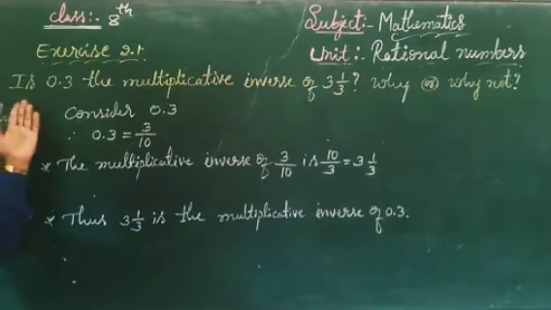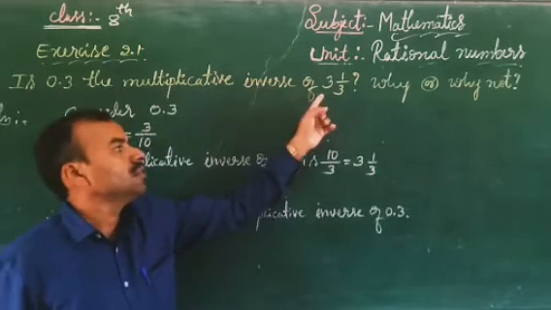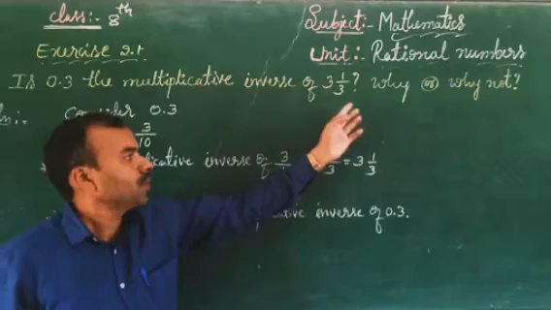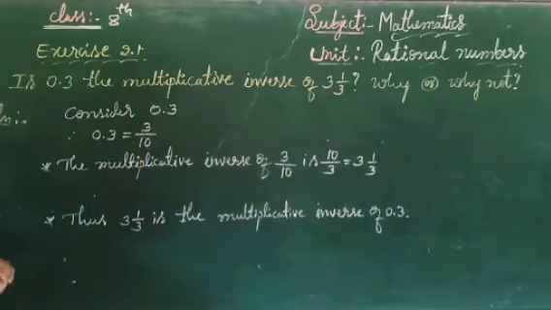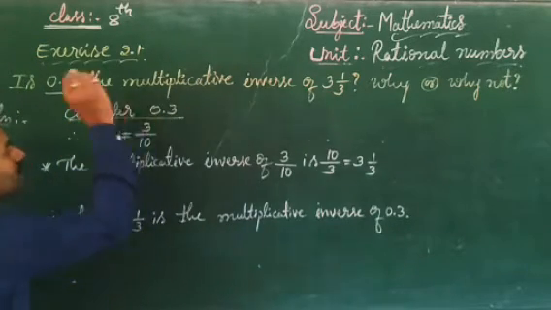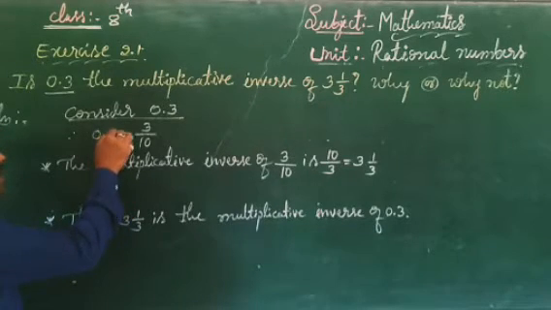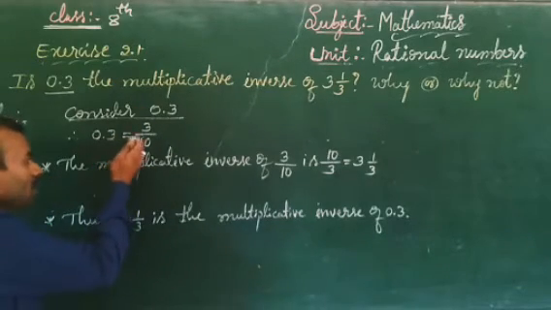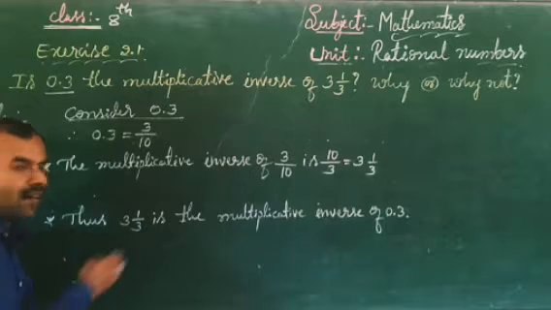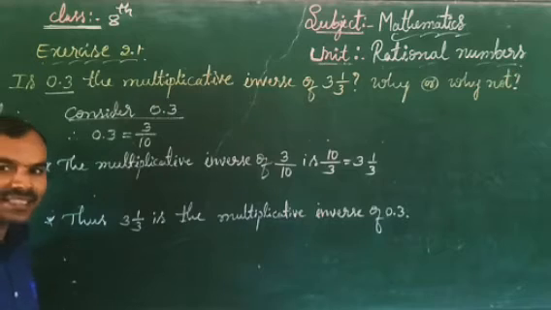9th one: Is 0.3 the multiplicative inverse of 3 1 by 3? Why or why not? Just simple solution. Consider 0.3. Next, 0.3 is written in fraction. It can be written as 3 by 10.